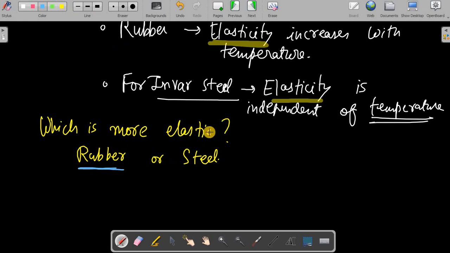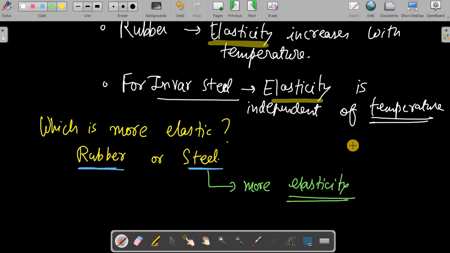Steel has more elastic behavior. Steel has more elasticity. Why? Because it has more intermolecular force.